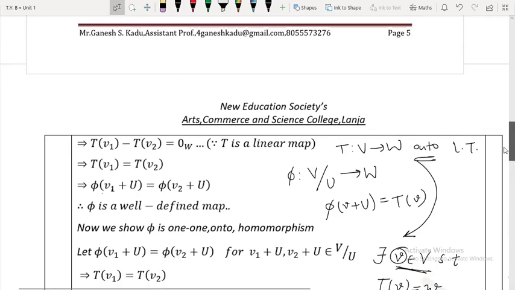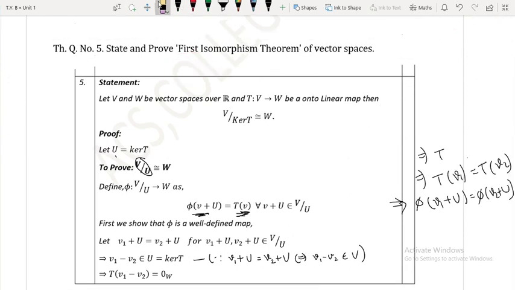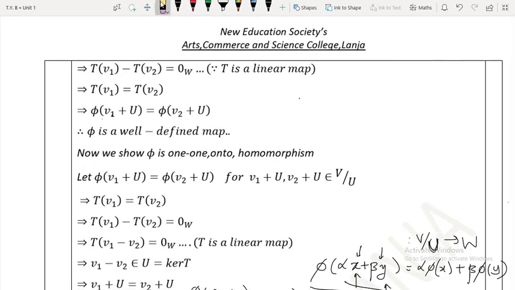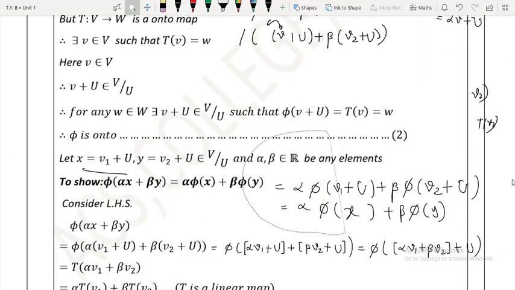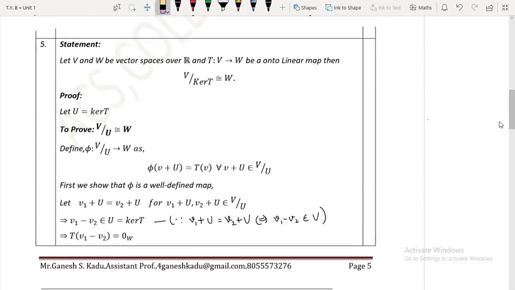Now just try to understand the first isomorphism theorem, but before that I will erase everything. So just try to understand what the first isomorphism theorem is saying.